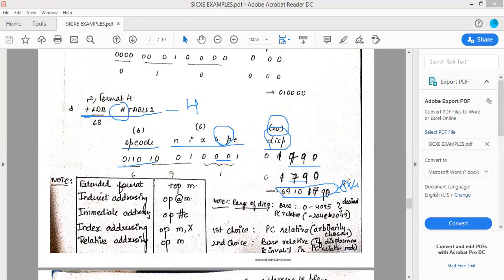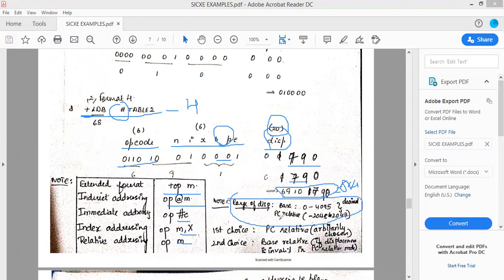That is how you can remember. Format 3 will always have 6 hexa numbers in the object code, and format 4 will have 8 numbers. I hope you know all these, right? This was taught to you initially. Now remember one point here, you'll need this.